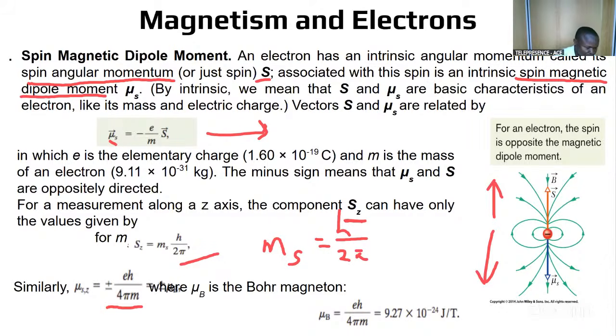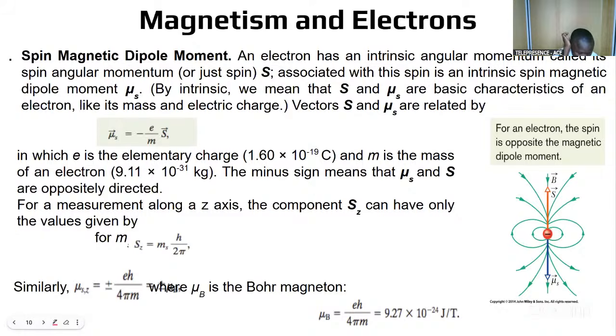Now just replace this with this in this equation. If you replace the spin angular momentum here with this value in this equation, we have h, this will multiply this, and this will now have 4 pi m.